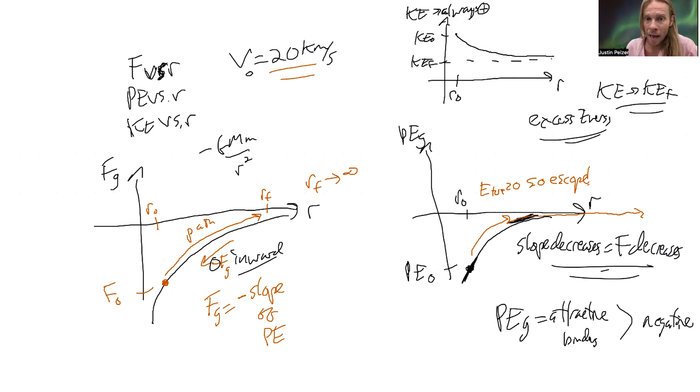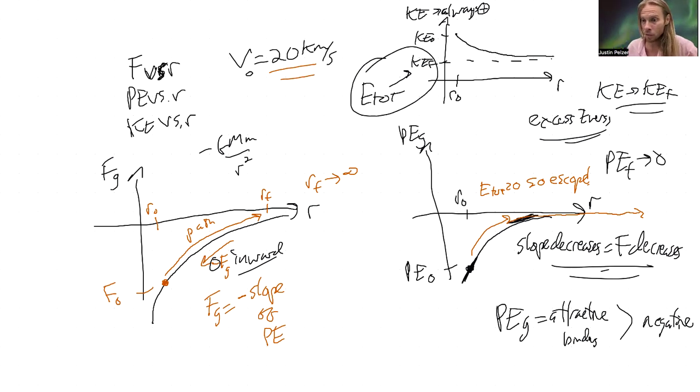And in fact, that flat line is this line. Because PE final, of course, approaches zero. By definition, it's binding energy, which approaches zero at infinity, right? We have zero interaction at infinity by definition, by our conceptual analysis of gravity.